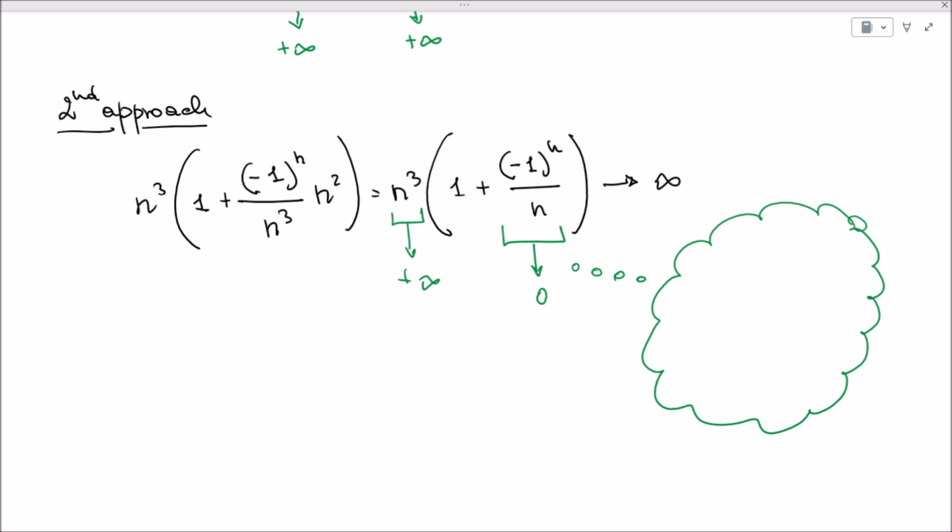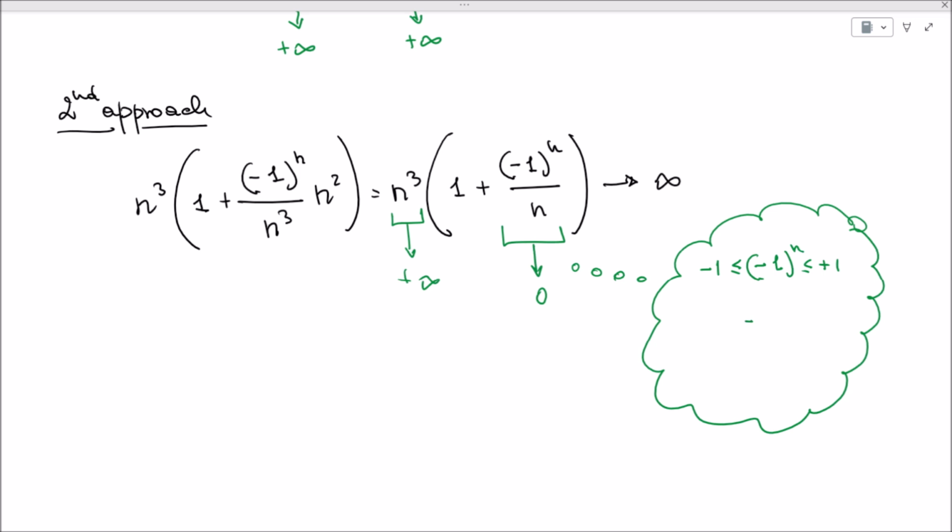We can certainly say that (-1)^n, it depends if n is even or odd, but certainly (-1)^n is something that is in between minus 1 and plus 1. Now we can divide by n, which is a natural number, so it's positive.